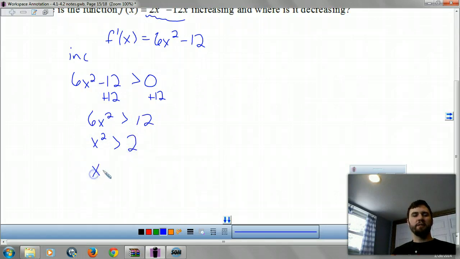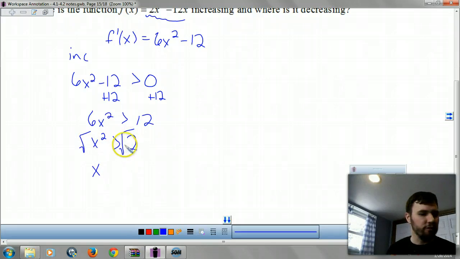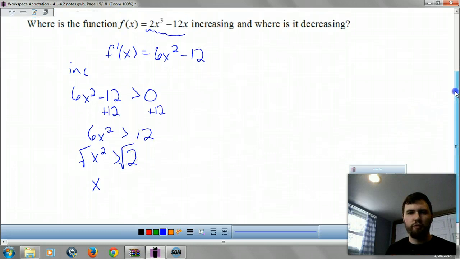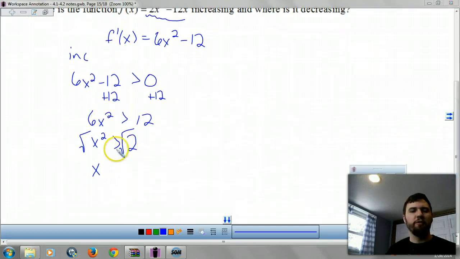Now we square root both sides. This is where it gets a little bit tricky. When you square root, you get two solutions, plus or minus.